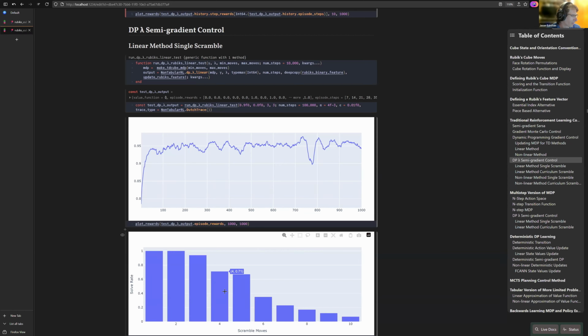Part of this is probably that a lot of the states that are scrambled 4 times are still actually within this range. But even if we go a little higher up, this is still a much higher success rate than we'd expect if we just make completely random moves. So this is just linear approximation.